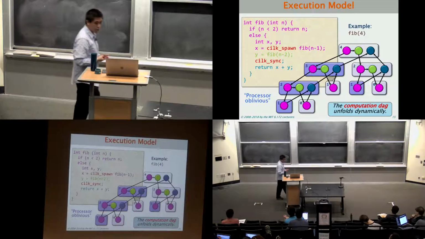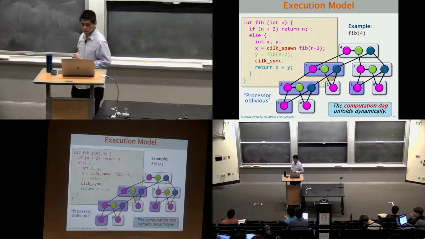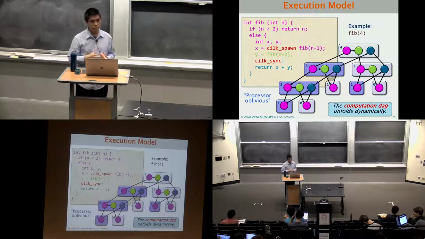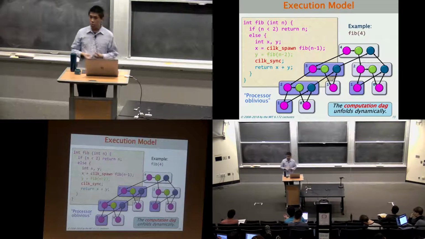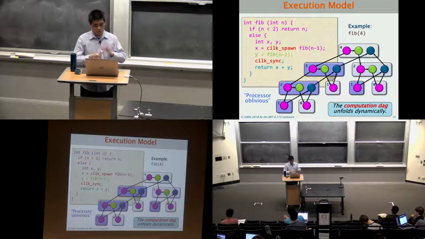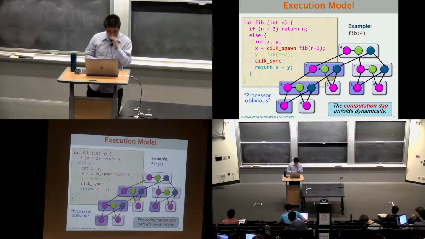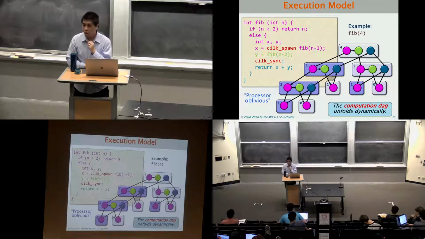So if I use 1 processor, it's going to create and execute this computation DAG in a depth first manner. And if I have more than 1 processor, it's not necessarily going to follow a depth first order, because I could have multiple computations going on. Any questions on this example?